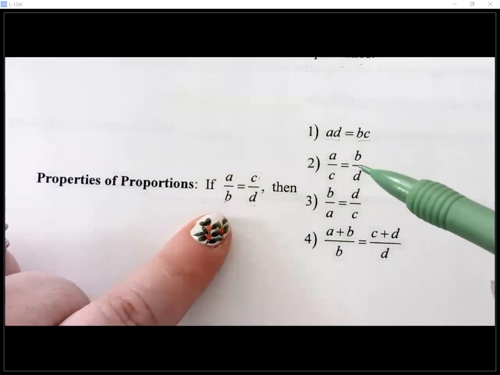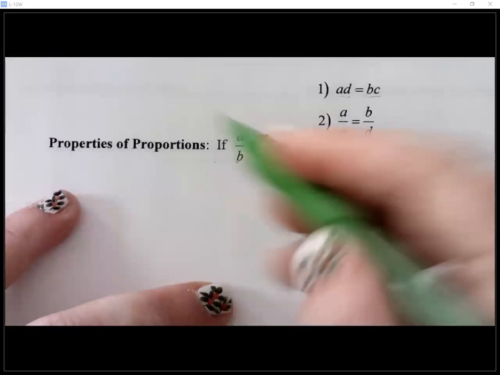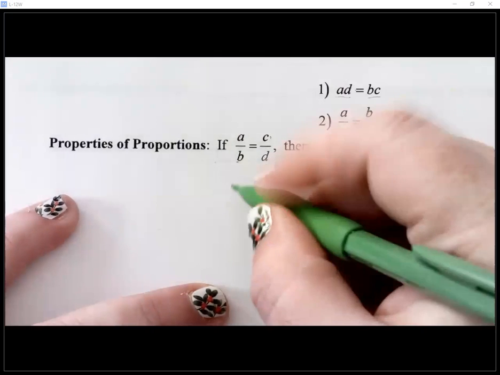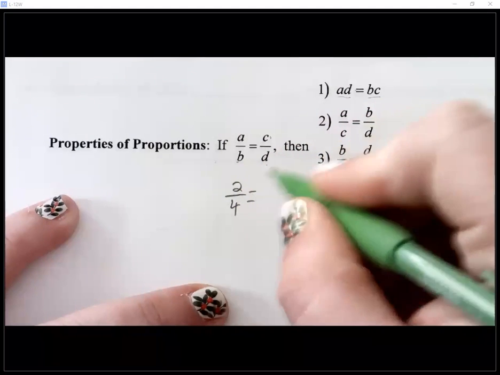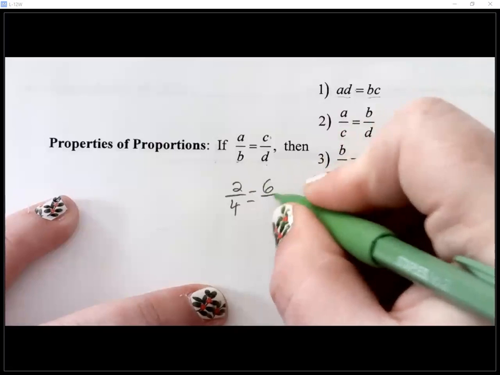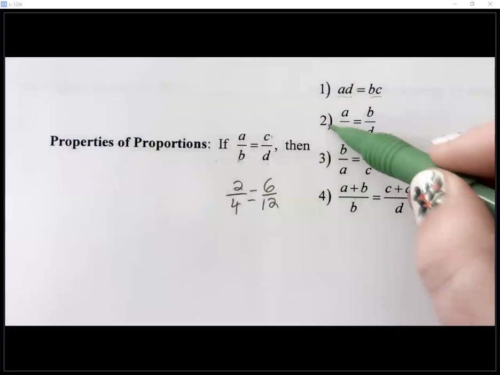How about, let's pretend that our original proportion was 2/4 equal to 6/12. First of all, that's true, right? Isn't 2/4 really the same thing as 6/12? Yeah, so I do have a true proportion. Now the claim is if I do any one of these four things, it should stay equal.